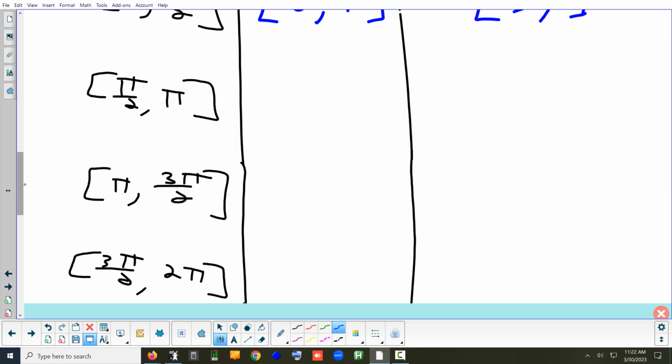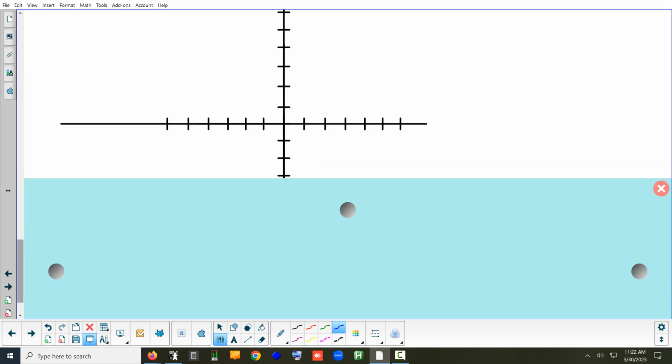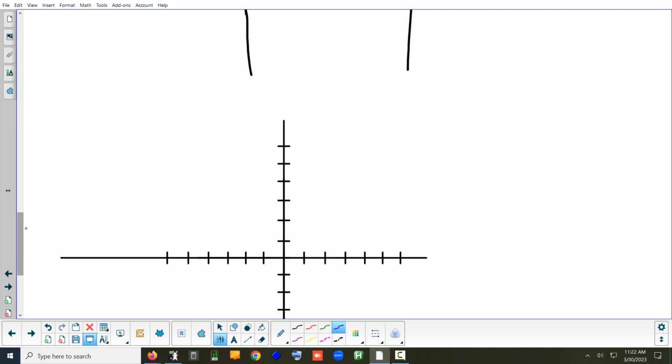Let's see what that would look like. At 0 degrees, it has a radius of 3. At 90 degrees, it has a radius of 6. And it's growing as you rotate.